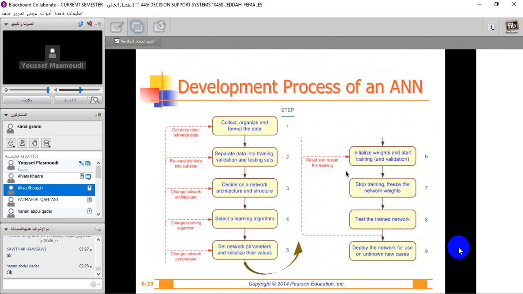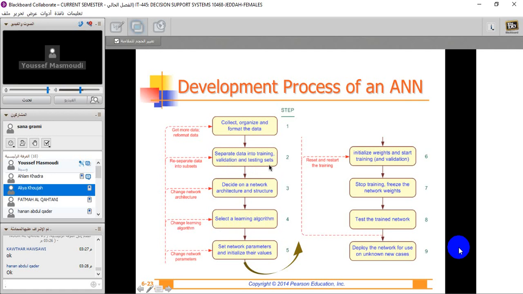Development process of an artificial neural network. Step number 1: collect, organize, and format the data, as usual. The data is very important, it's vital, so you have to take care of the collection of your data. Then, separate the data into training, validation, and testing sets.